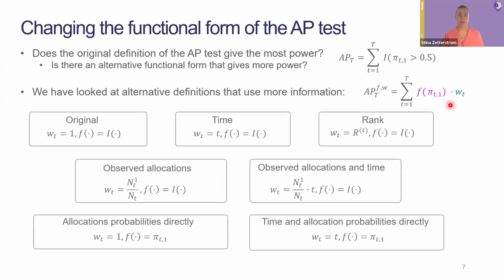We have looked at several different alternatives, but the one I will focus on today is this one on the bottom right, where we weight the allocation probabilities by the block number. So allocation probabilities for blocks later in the trial are given a higher weight, and we don't use the indicator function to dichotomize at 0.5, but use the values of the allocation probabilities directly.